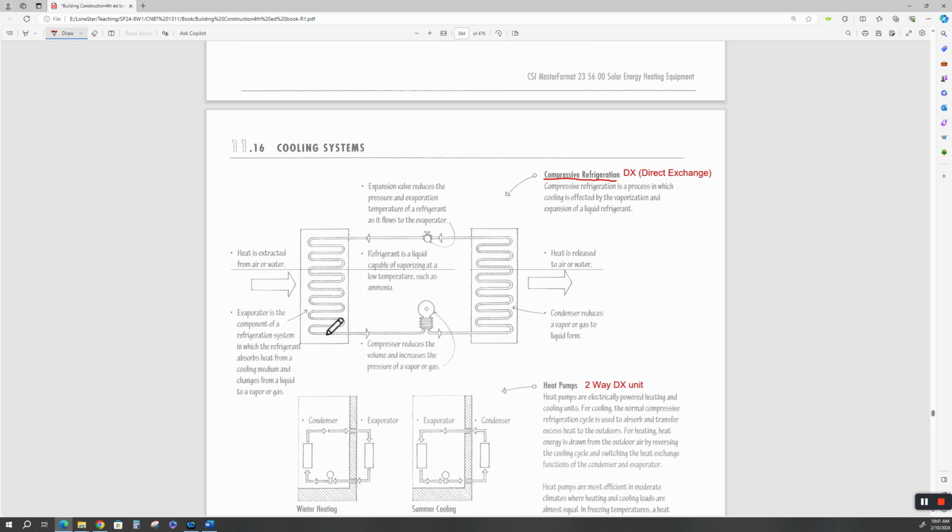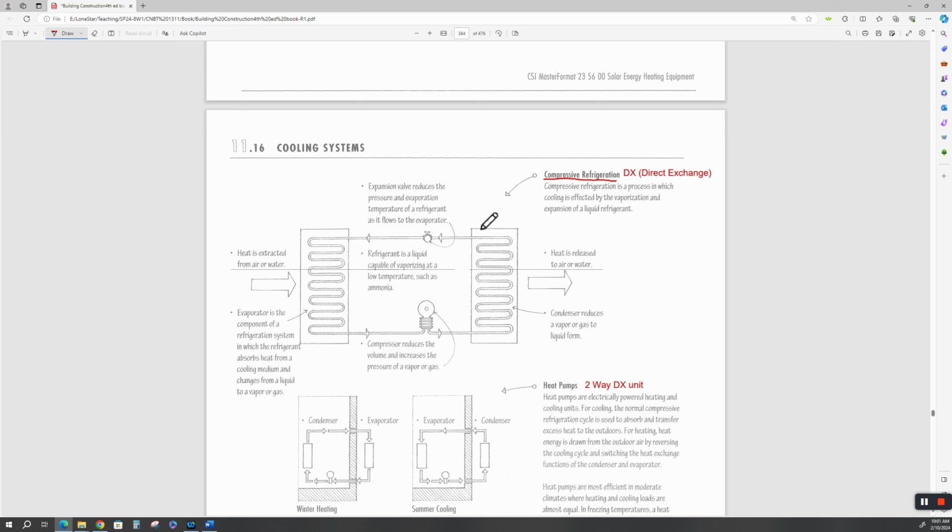This would be your cooling coils on the inside of your DX unit in your conventional house. The evaporator is the component of the refrigeration system in which the refrigerant absorbs heat from the cooling medium because of evaporation. It goes across an expansion valve in here, and as the gas expands, then it absorbs heat. And you'll have air, a fan that blows through this.